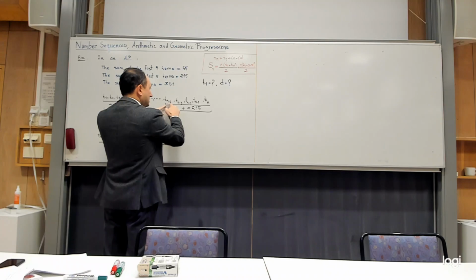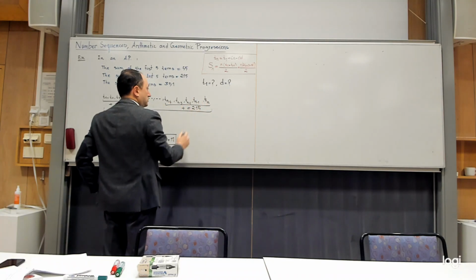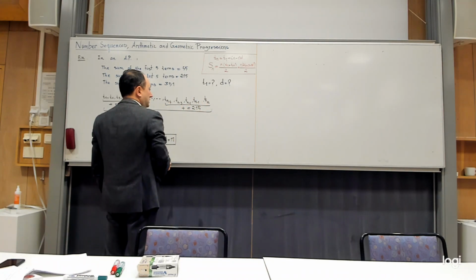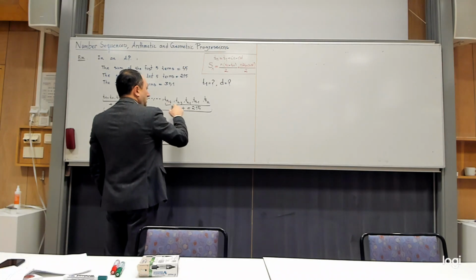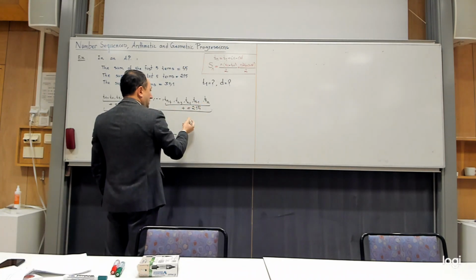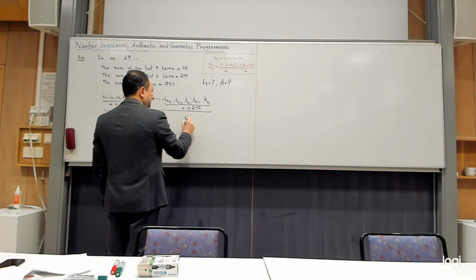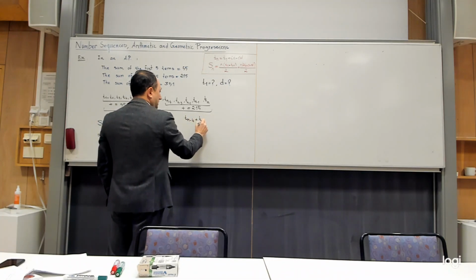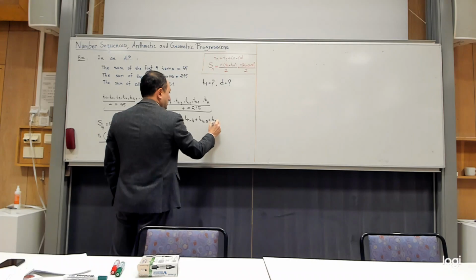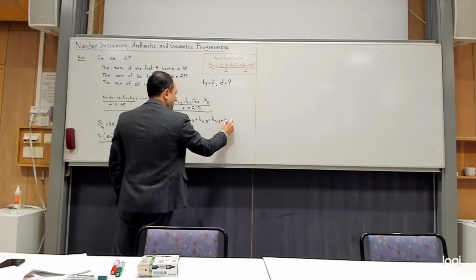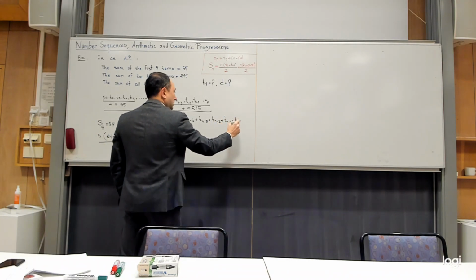I know that the sum of them is supposed to be 215. So what can I write? I can write Tn minus 4 plus Tn minus 3 plus Tn minus 2 plus Tn minus 1 plus Tn is 250.